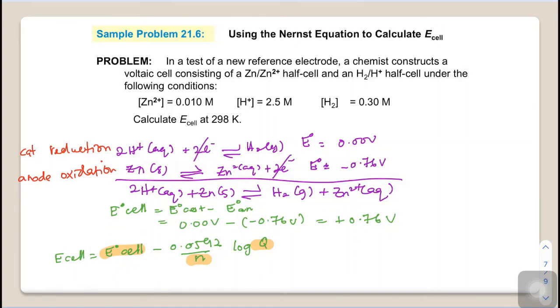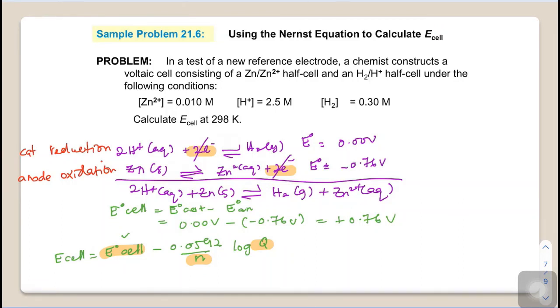So we complete the first component. The second one is we have to identify N. By looking at this balanced equation, our N is 2, since there are 2 electrons transferred during this process. So N equals 2.